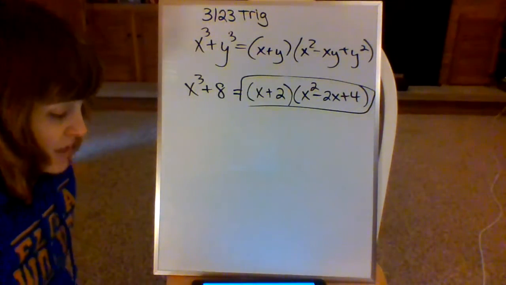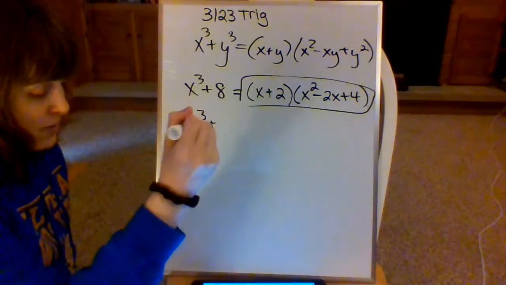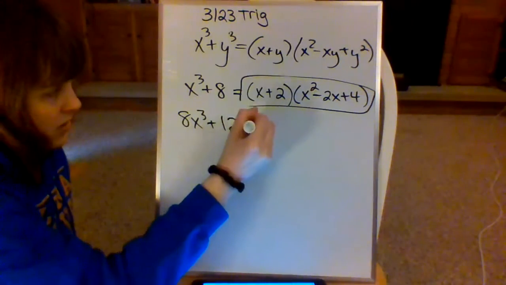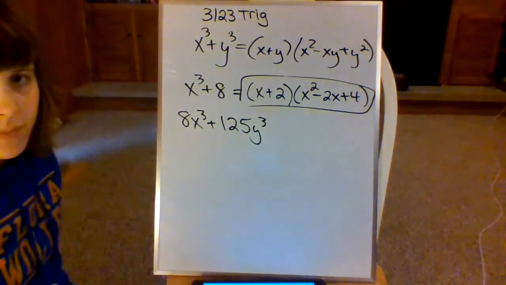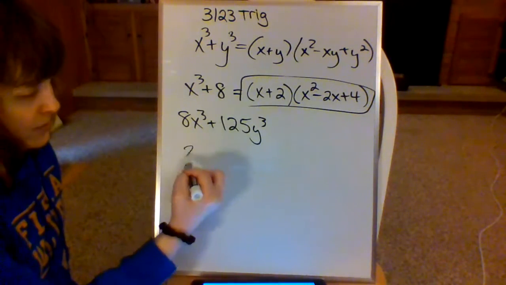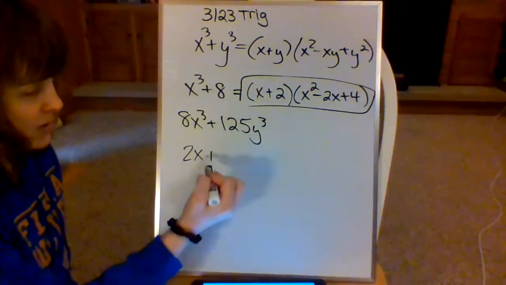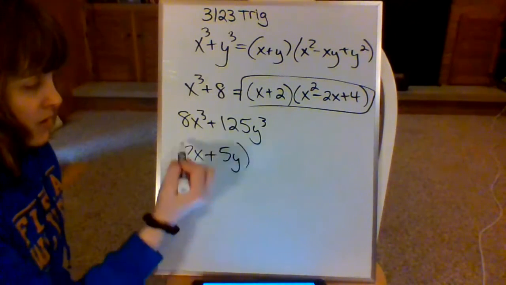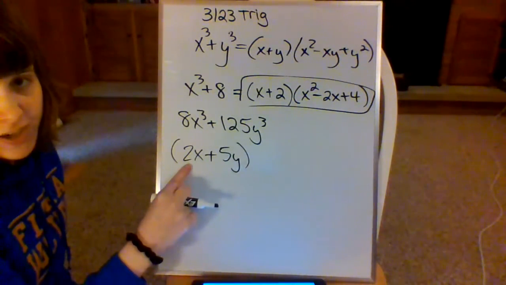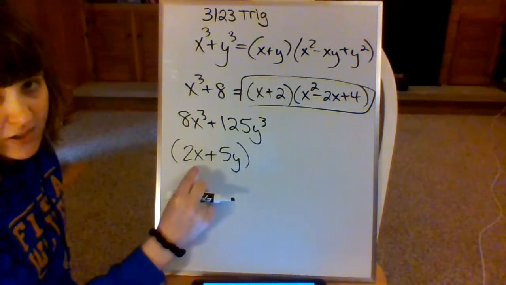Okay, next one is 8x to the third plus 125y to the third. Okay, so the cube root of 8x to the third is going to be 2x. The cube root of this is going to be 5y. Now, when we go to square this, we're going to have to square the 2 and the x. So when we square this, it's going to become 4x squared.